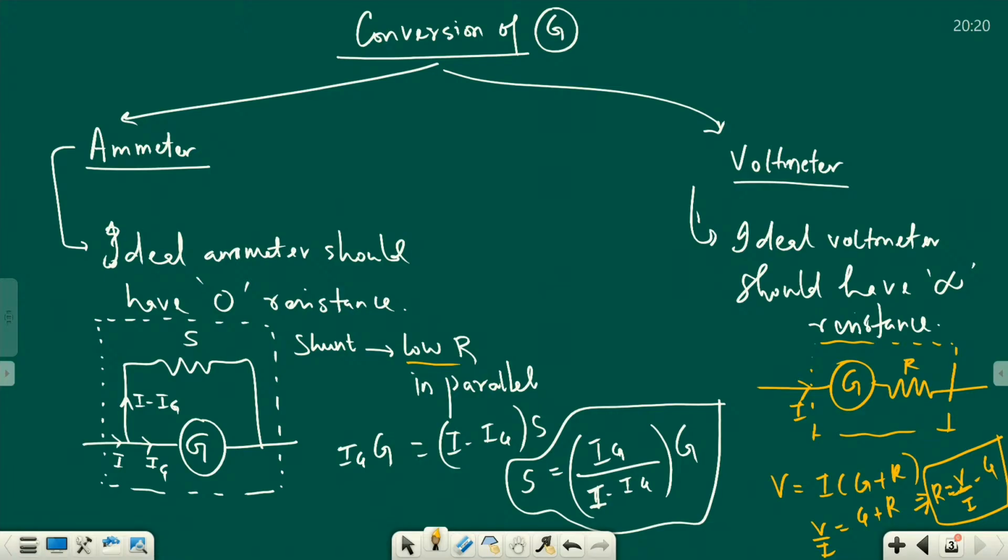Question is, a galvanometer, good question, board exam question.